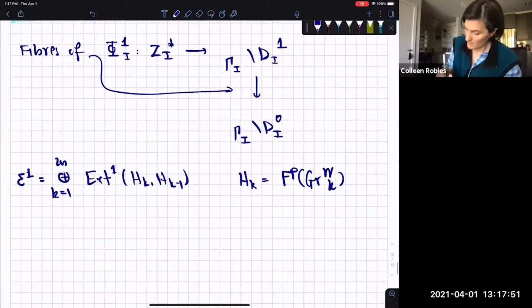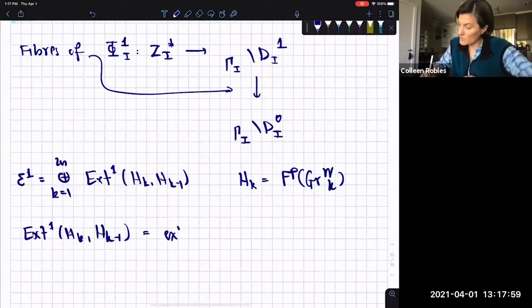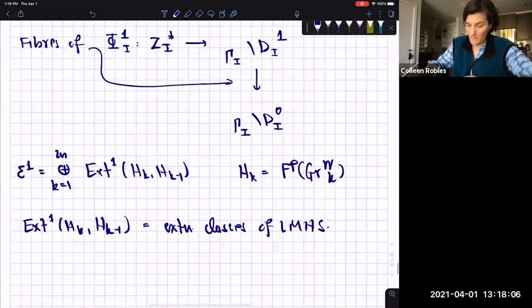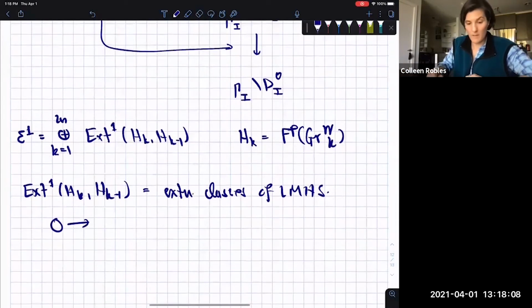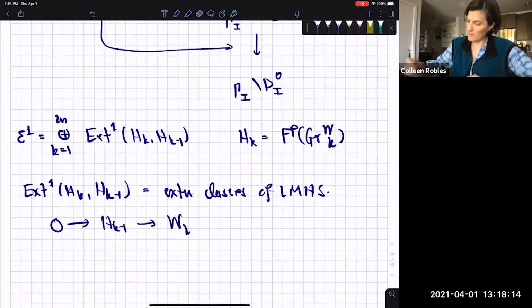Okay. So in particular, this X1K, HK minus 1, these are extension classes of limiting mixed Hodge structures. So in particular, okay, let me slow down and get my indices correct.